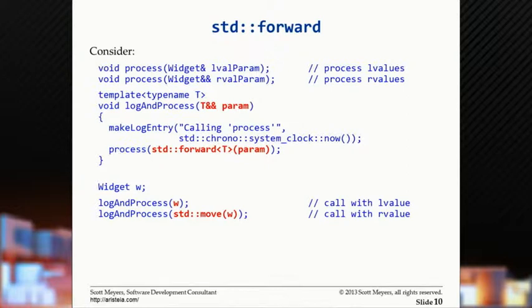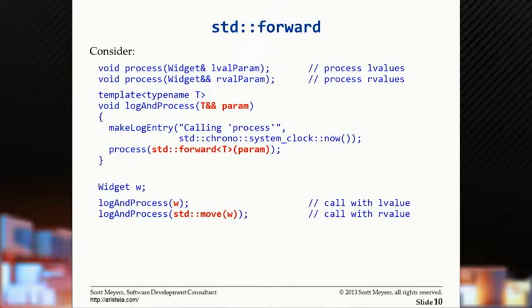Standard forward says, if the argument that was originally passed in was an R value, then turn param back into an R value, even though it's an L value inside this function. And if what was passed in originally to log and process was an L value, then the fact that param is an L value should go unchanged.